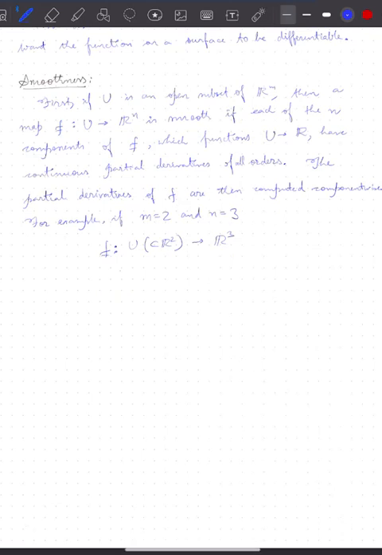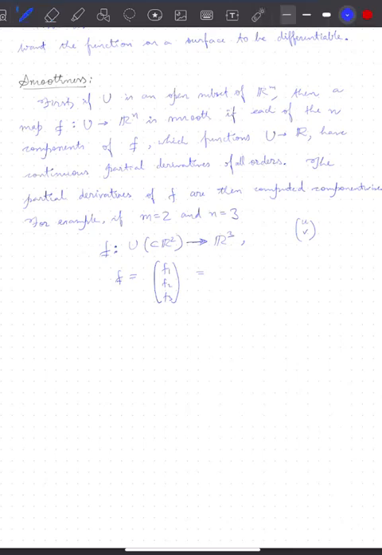So in that case, f vector will be composed of three components, since f maps from R2 to R3: f1, f2, and f3. These components will also have arguments.